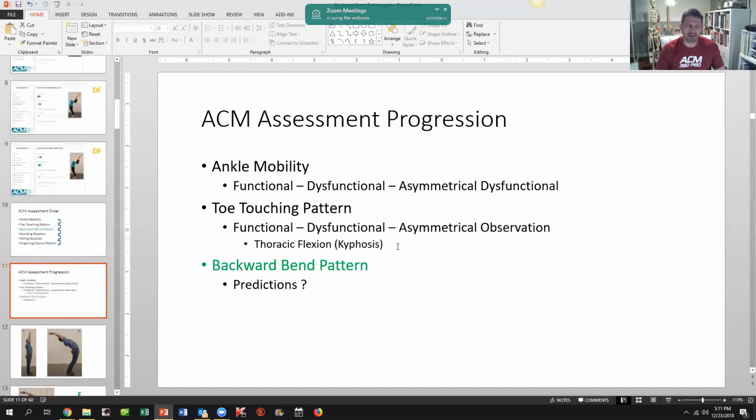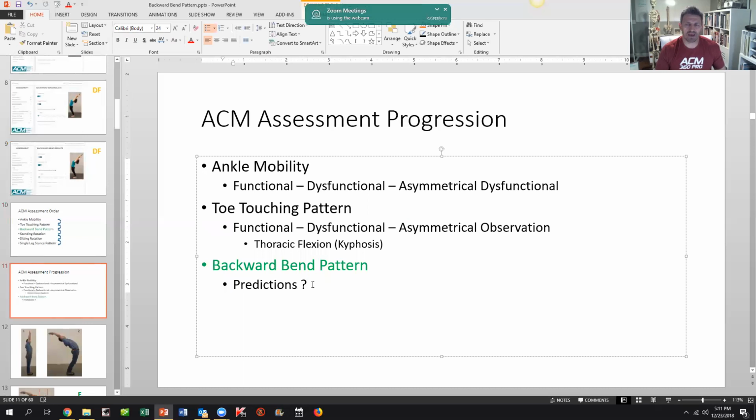Now from those two assessments, we have to understand what the backward bend pattern is really going to show us, or what we're looking for. If we don't have ankle mobility, we can almost predict that they may have difficulty in a backward bend pattern, because in order to bend backwards, the ankle has to go into dorsiflexion. So they may have some restrictions there if you found it in the ankle mobility.